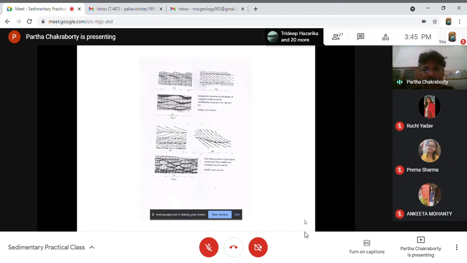Here also, as I have said, you can see what we just drew, that there are concave units and internally the stratification is almost parallel to the lower set boundary, isn't it? But between the two units, there is mud. Between the two units, there is mud.